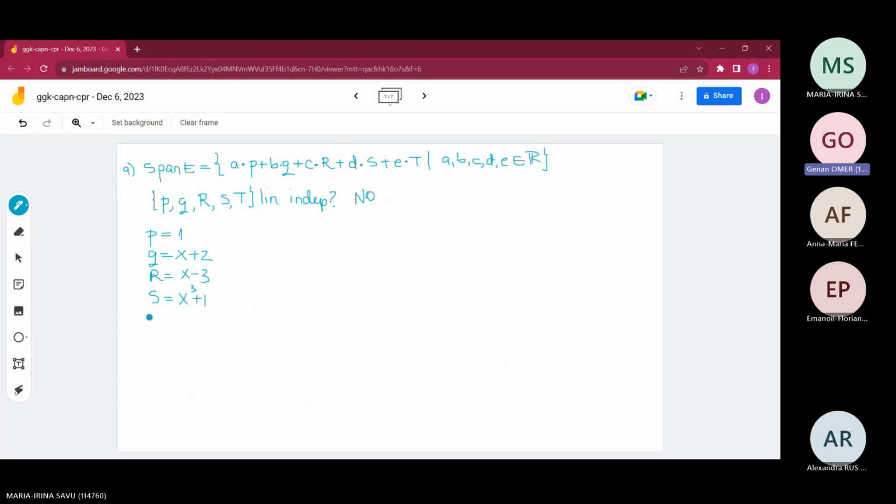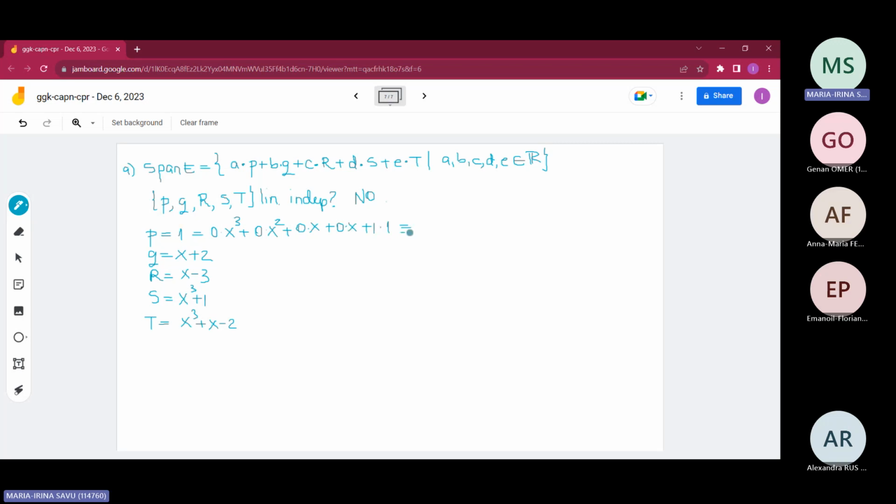So on the columns, we'll put the coefficients of the polynomials. Exactly. You have to think that this is 0 times x cubed, plus 0 times x squared, plus 0 times x, plus 1 times 1.